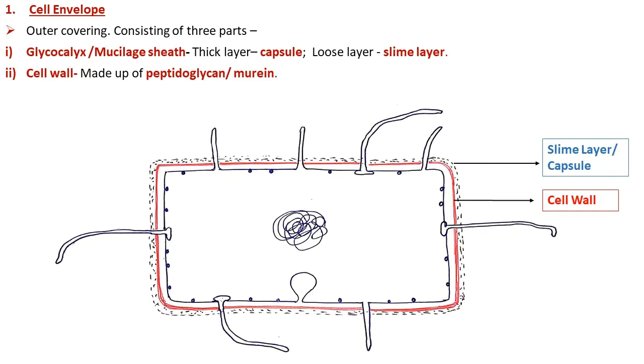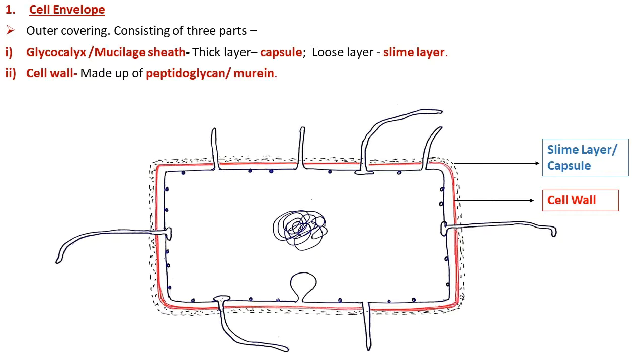So the cell envelope, the outermost coat, is the slime layer followed by the cell wall. The cell wall is a thick layer that gives shape and provides structural support to prevent the bacteria from bursting or collapsing. Means it maintains the shape of the bacterial cell.